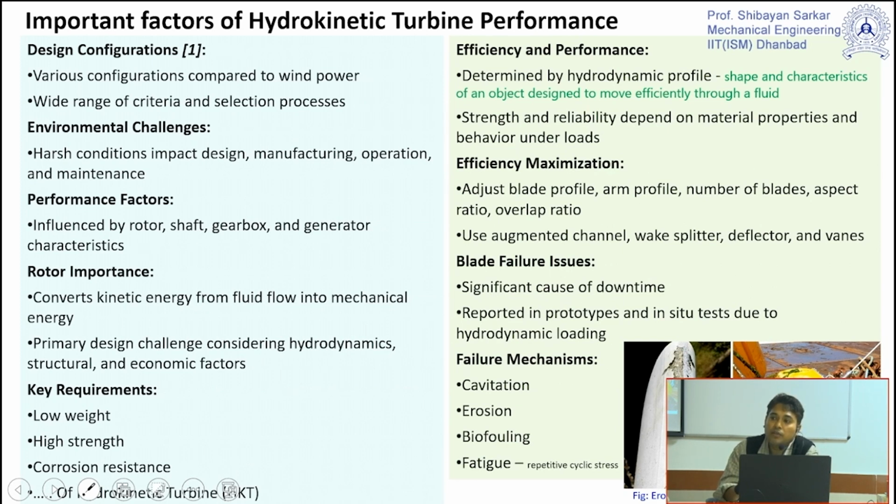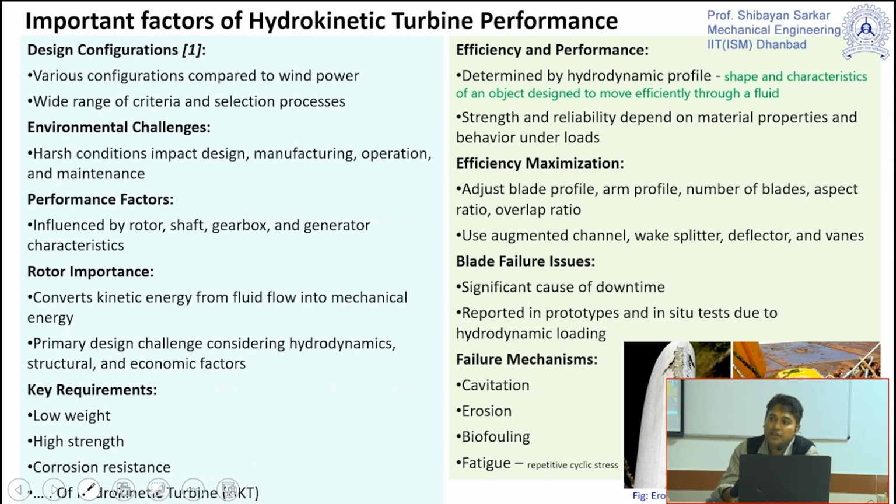Again, whenever water passes through a river or canal, the water may be of very good quality, or it may be contaminated with some corrosive property. So you have to test the quality of the water before putting your turbine into this particular site. Accordingly, you can select which type of material you will use for your turbine.